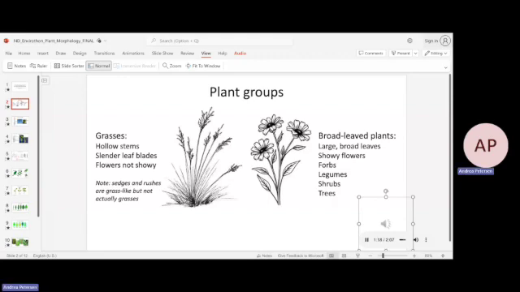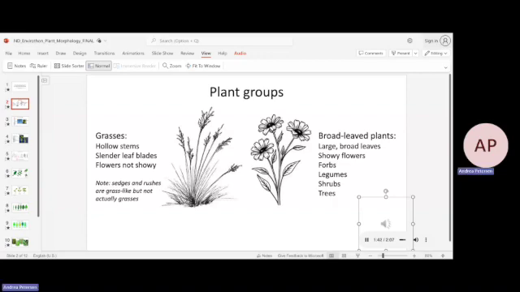Moving on to the second group, the broad-leaved plants. The leaves of the plants in this group are, as it sounds, large and broad. These plants also have net-like veins, and again, I will address that later. Broadleaf plants produce showy flowers in a wide variety of shapes and colors.